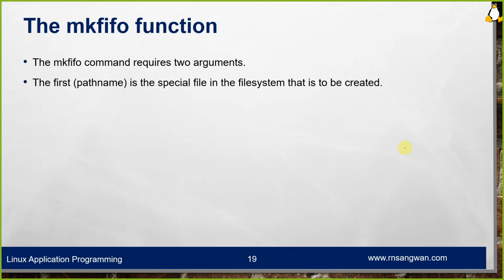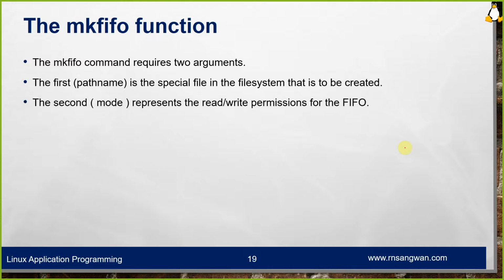The first is the pathname, a special file in the file system that is to be created. The second is the mode, what type of permissions you want to specify for the pipe. mkfifo returns 0 on success, -1 on error.